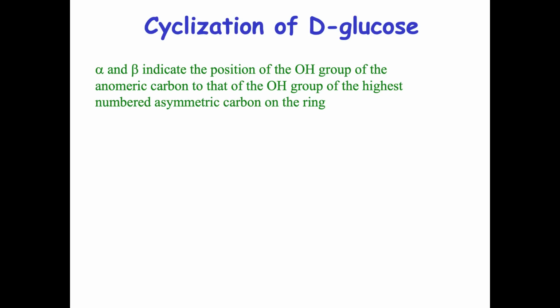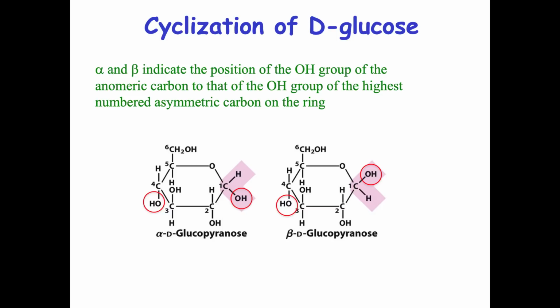So again, when we looked at the cyclization of D-glucose, this alpha and beta designation indicates the position of the hydroxyl group of the anomeric carbon relative to the hydroxyl group of the highest numbered asymmetric carbon on the ring. Here we see the hydroxyl group at the anomeric carbon versus the hydroxyl group at the highest asymmetric carbon on the ring.